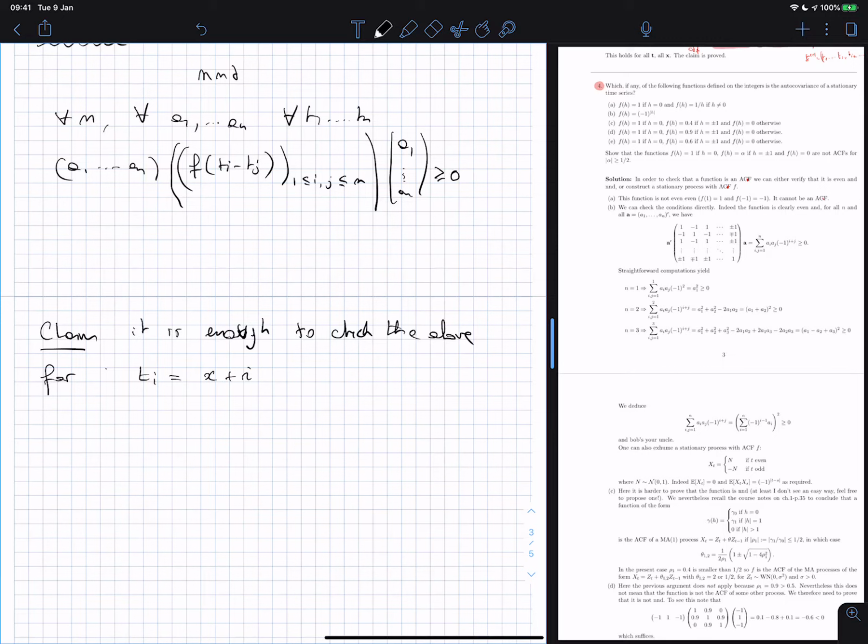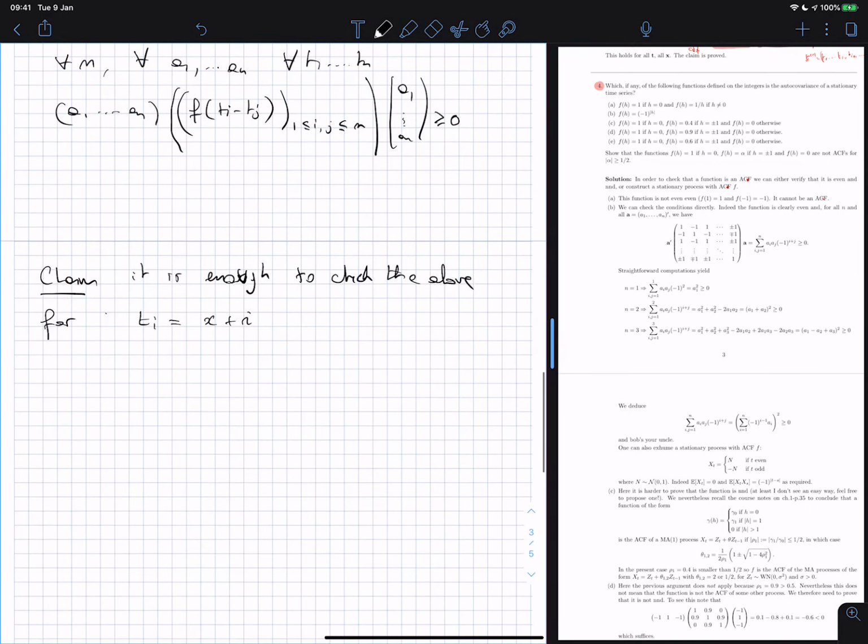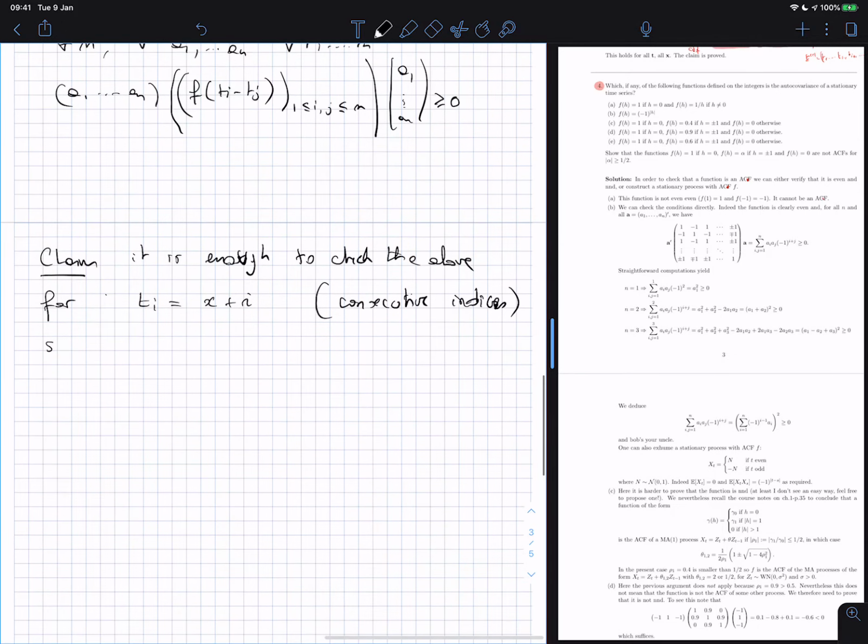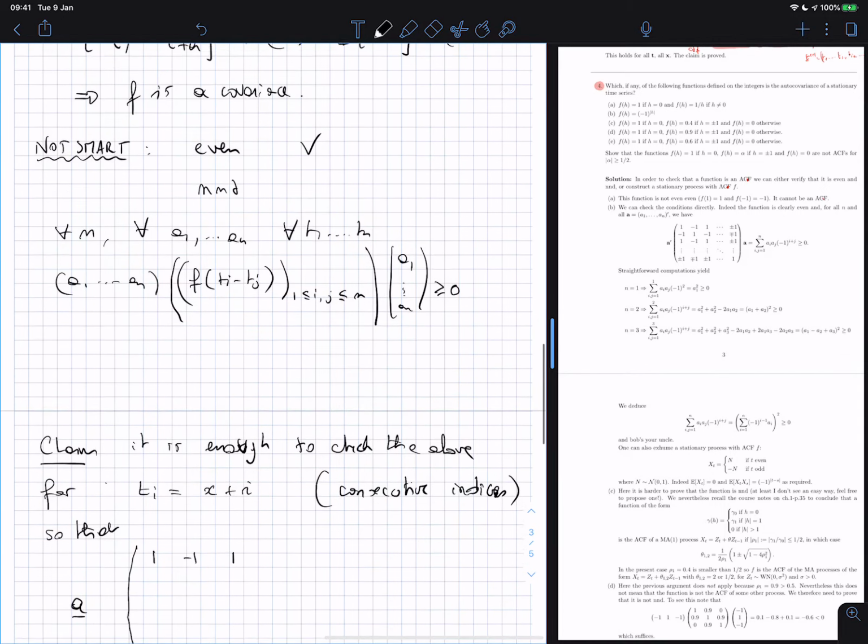So I just look at consecutive indices, in which case my matrix becomes, well, we have the vector A which doesn't move, and then we have f of 0 which is 1, then f of 1 which is minus 1, and so on.